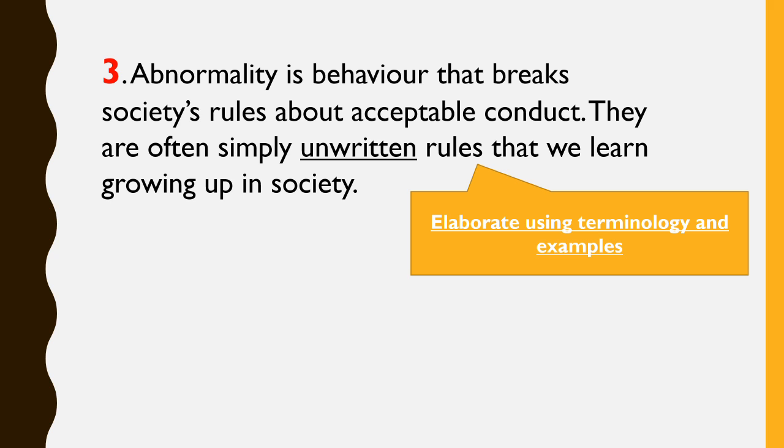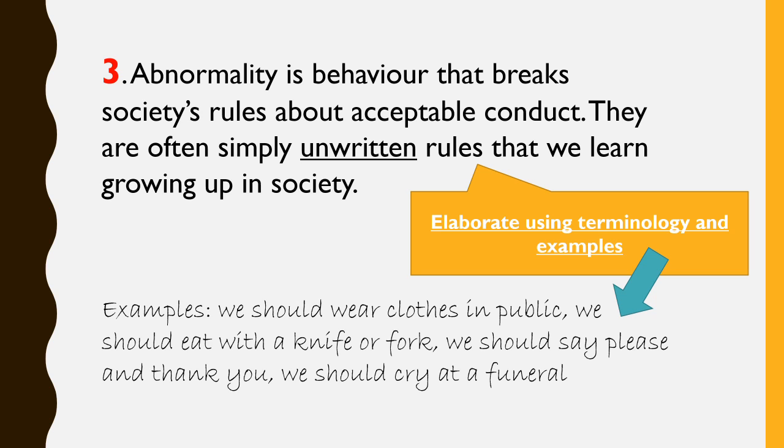Now, in this section, part number 3, where you're elaborating, you should also give a couple of examples. So here you can see that I've given you a couple of examples of said social norms. They are not laws, but they are these unwritten rules, these unspoken guidelines that we all stick to.